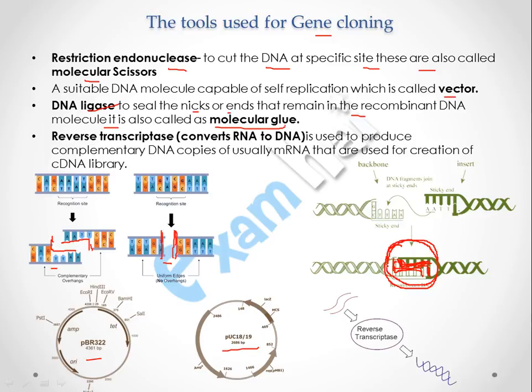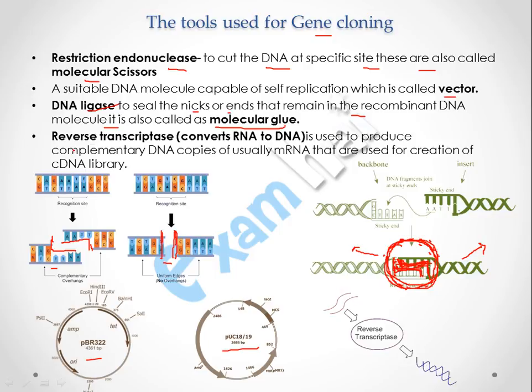This plasmid came from some other bacteria, and this DNA insert will come from some other bacteria. What DNA ligase does is glue them up, and that's why it is called molecular glue. Phosphodiester bonds are glued by the DNA ligase.